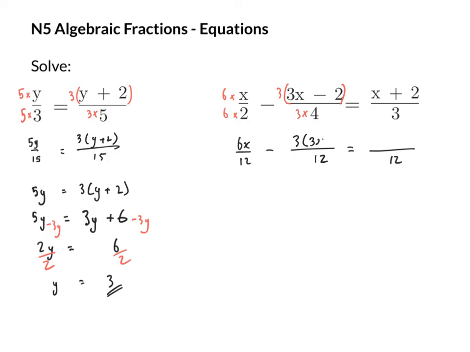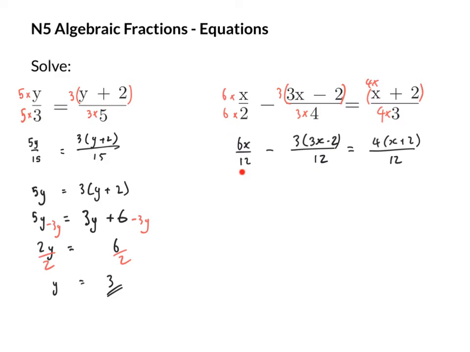3 lots of 3x minus 2. The last one, to get a 12 on the bottom of that, I would multiply it by 4. So I'm doing 4 lots of all of that. So 4 lots of x plus 2.